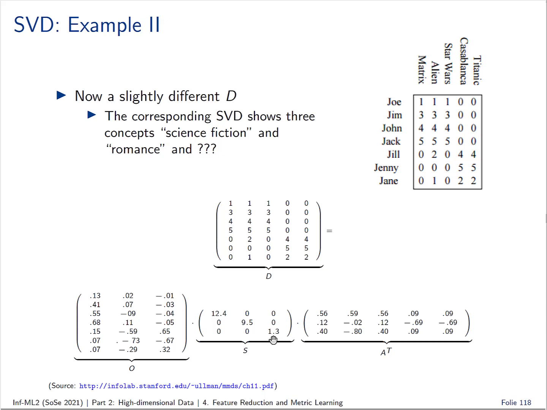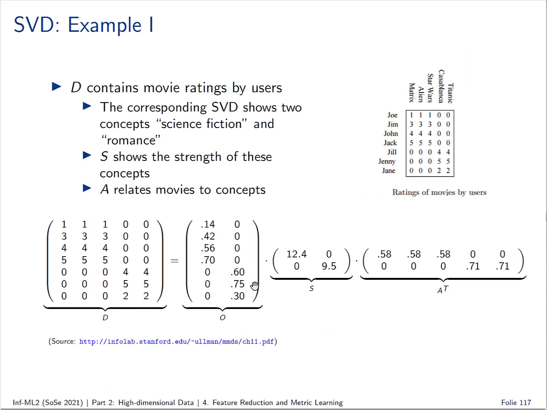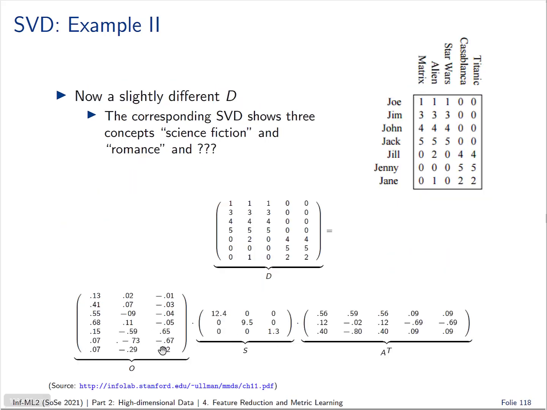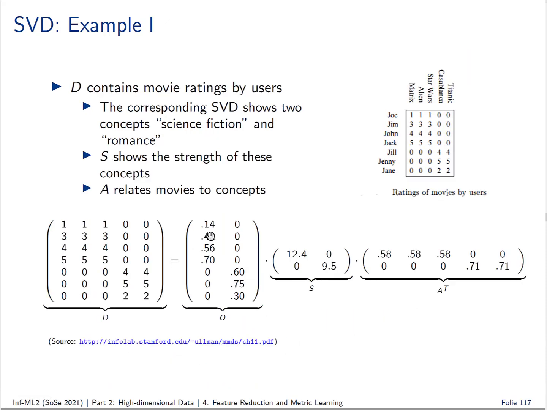The third concept has a very low strength, obviously, and you still have the relationships between the columns, the features, and the concepts. Now you see that here it was really very well structured. Now in reality it looks a little bit awkward, so don't expect to have these perfect zeros all over.